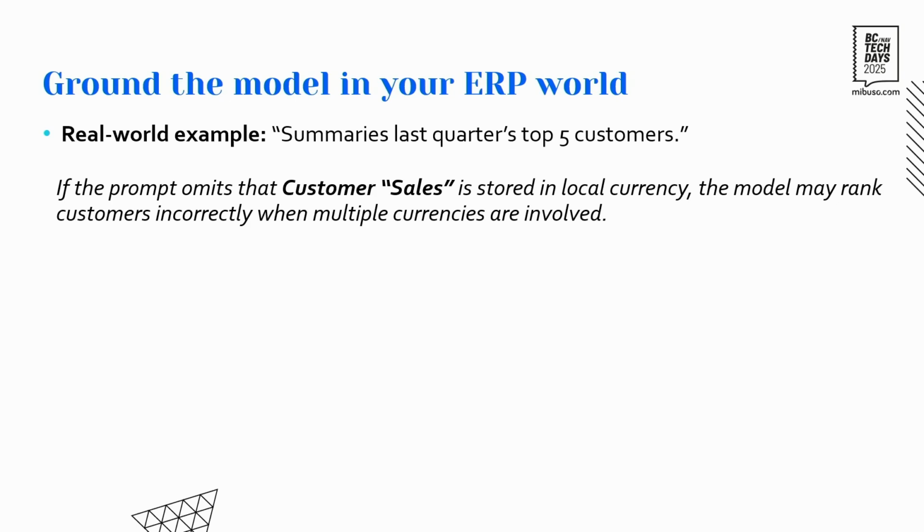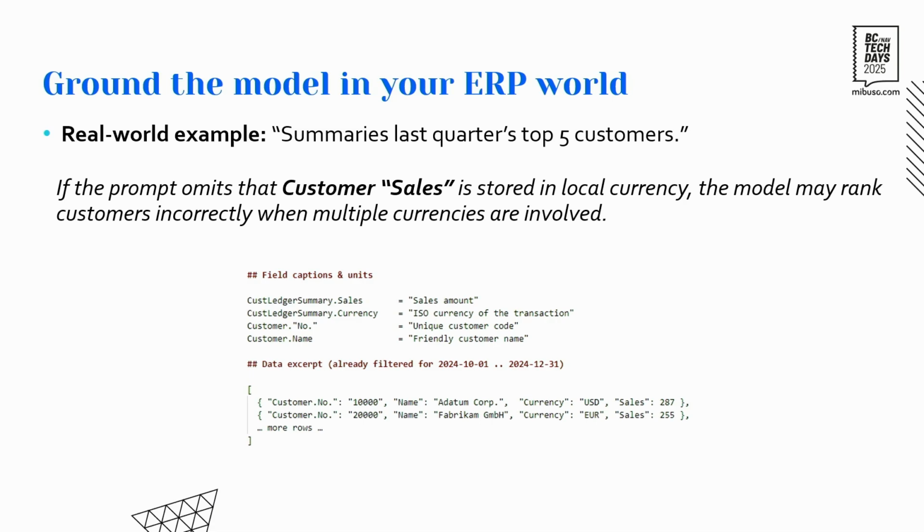So if we look at how we can emphasize that inside the prompt itself, I have this simple prompt for demonstrating this particular example. You can see I'm passing the customer data later on in my prompt, but I'm specifying the sales amount. And then I'm also providing another field, which is the currency, telling that the sales amount is in this particular currency.